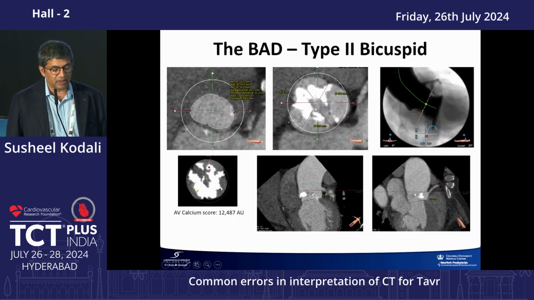But then there are other anatomies like this. This is a type 2 bicuspid, and you see here heavy calcium. The sinuses are big, a very reasonable size. Sinuses are generous, 47. The annulus measures 720. But this valve is not going to expand symmetrically. There's no LVOT calcium, and the coronary heights are okay.